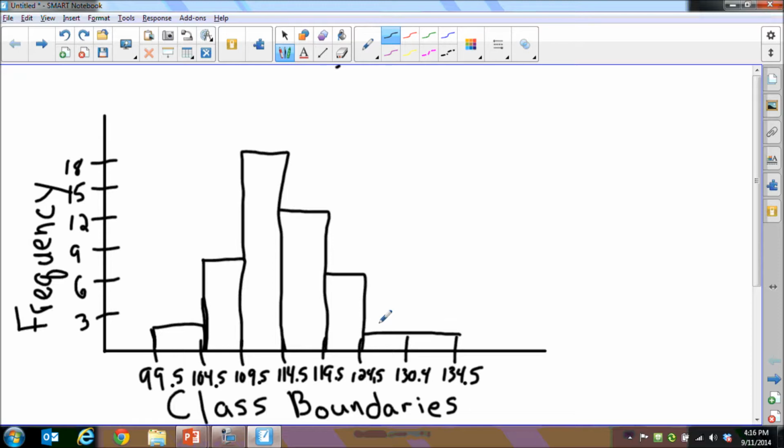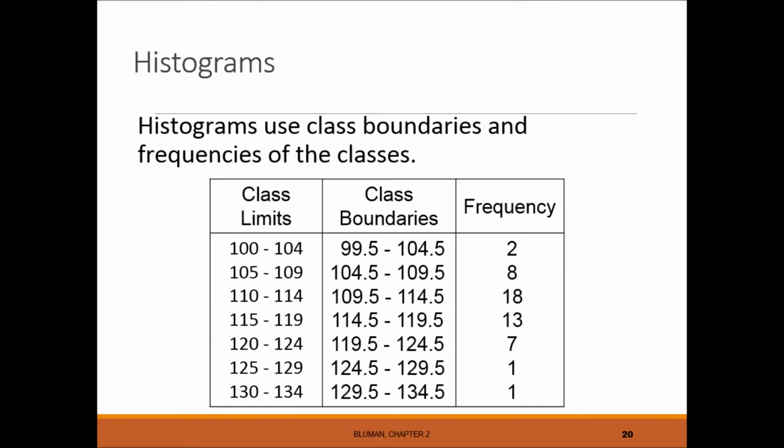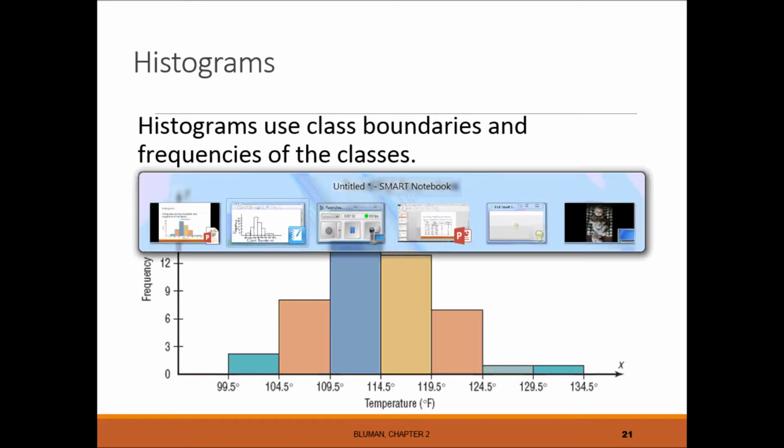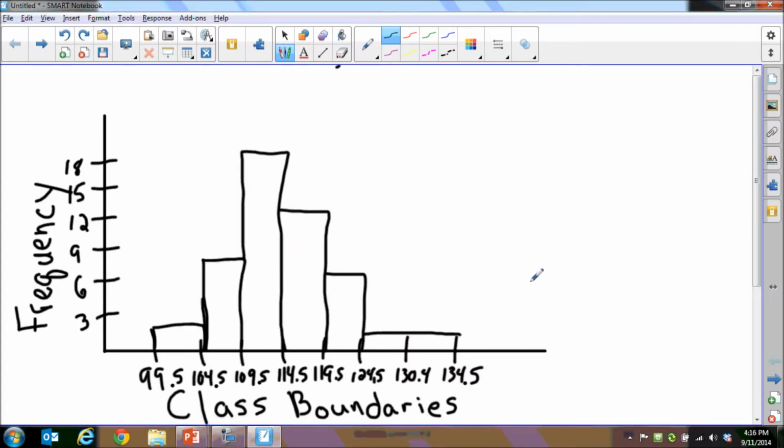And there is an example of a histogram. That is it. Now you can color these if you wanted. They could be different colors, but that's a histogram. There it is, a little bit neater. What I did mess up on is, even though this is the class boundaries, you should make sure to label what it actually represents.